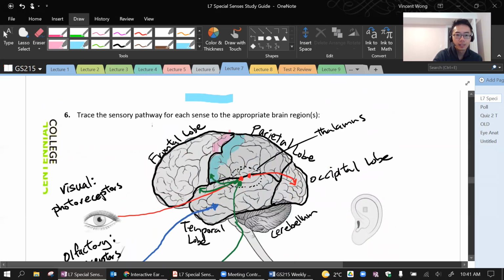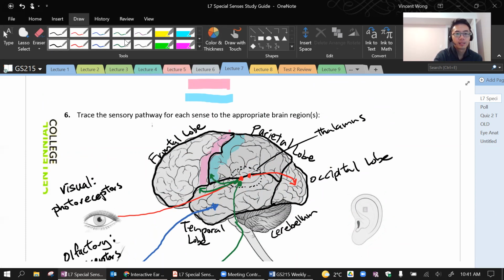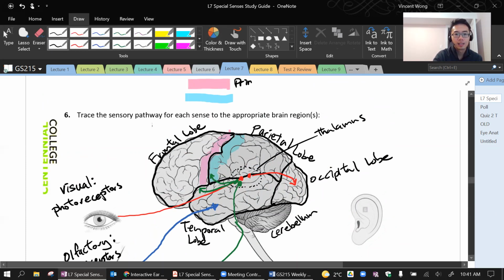And over here, that's the primary motor cortex, right? That's for all voluntary control. It has nothing to do with what we're talking about, but I just put it in for your reference.